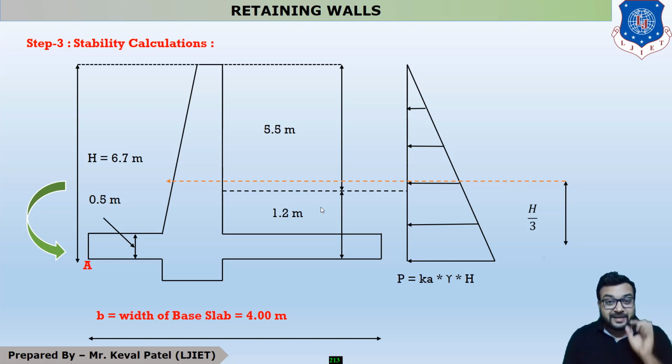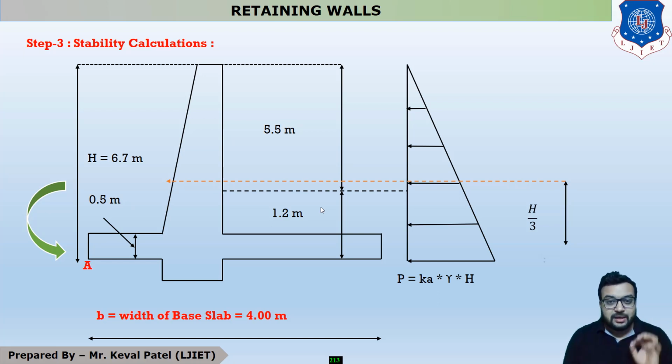The third one is that our maximum pressure, which is at the toe side, is less than the soil bearing capacity. And our last is no tension at base. It means our minimum pressure must always be greater than 0. If our minimum pressure is less than 0, then it is considered as tension at base.